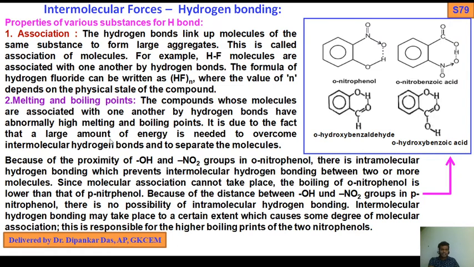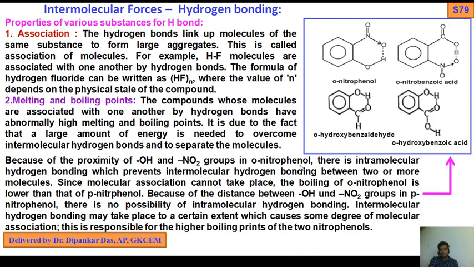It is due to the fact that a large amount of energy is needed to overcome the intermolecular hydrogen bonds and separate the molecules, which is shown here. Because of the proximity of the OH and NO2 groups, the OH group is very close to each other.